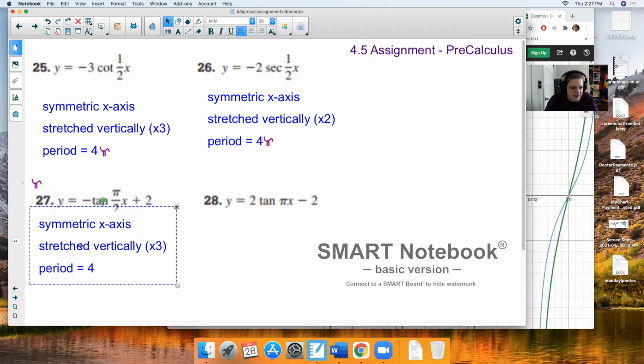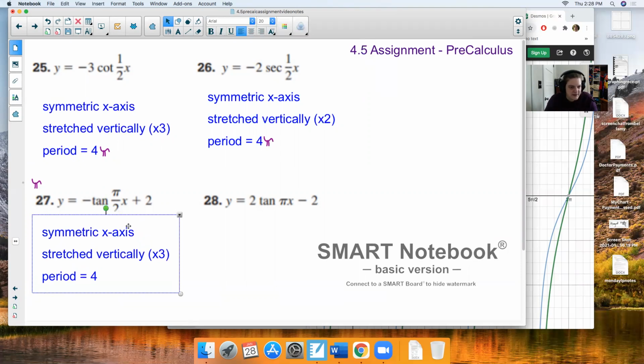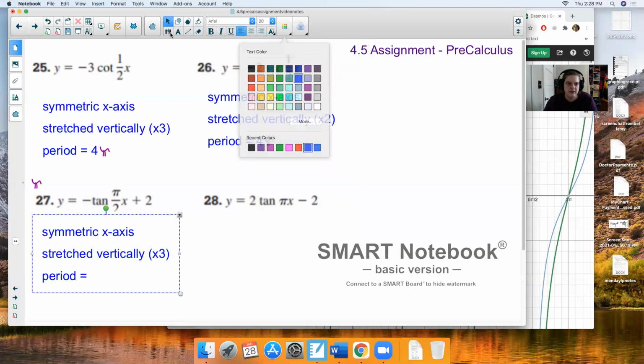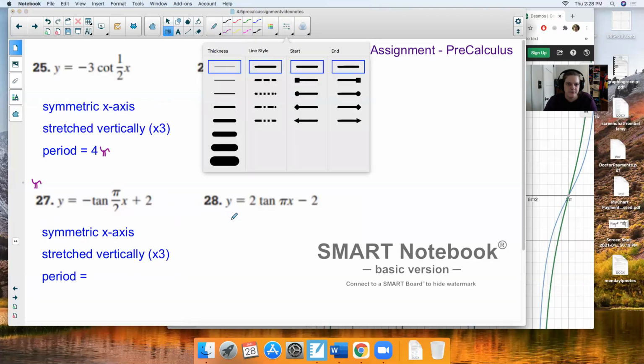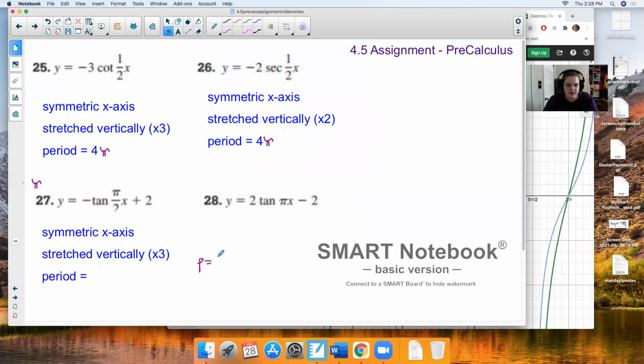So either way, the next one is symmetric on the x-axis again, so it's flipped. And then let's see, pi over 2 is our period. So algebraically, our period for this one is 2 pi over b, and our b in this case is pi over 2.